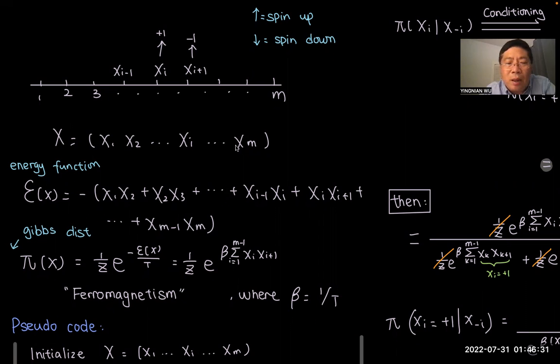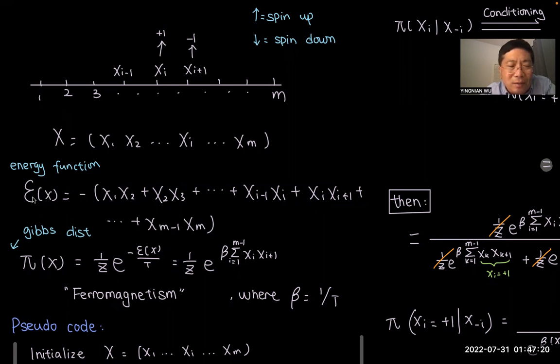They are binary because they spin up or spin down, and just like the Gibbs distribution, we write the joint distribution of x1 to xm as a Gibbs distribution, which means it is 1 over Z e to the negative epsilon(x) divided by T. We used this distribution in simulated annealing for the traveling salesman problem. And here we follow the same recipe, where the energy is defined as negative x1 times x2 plus x2 times x3, until xm-1 times xm.